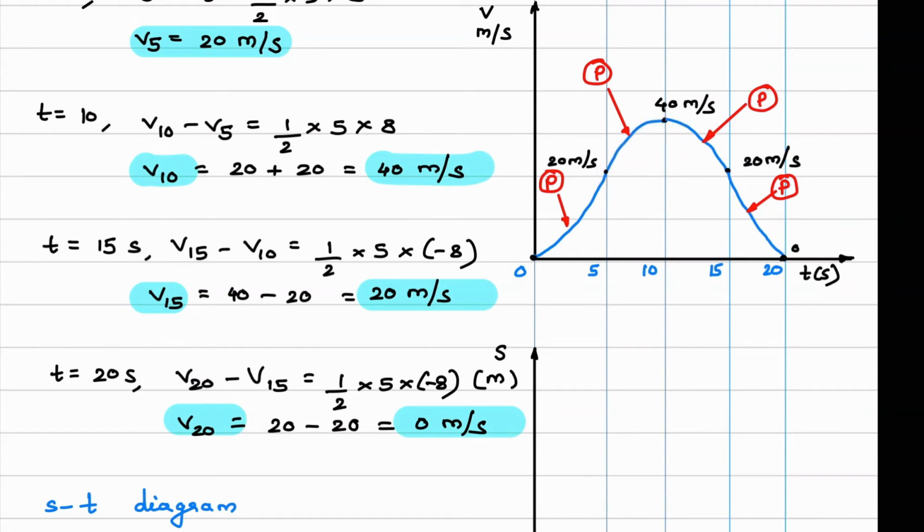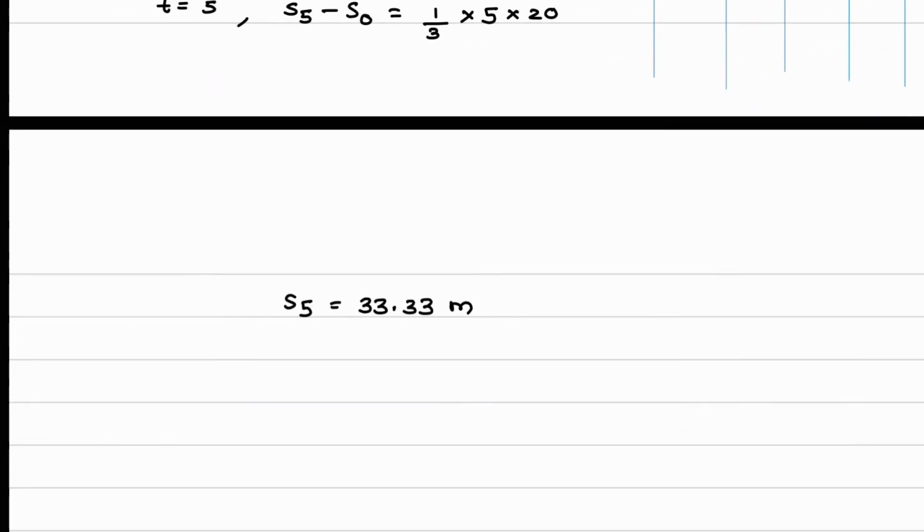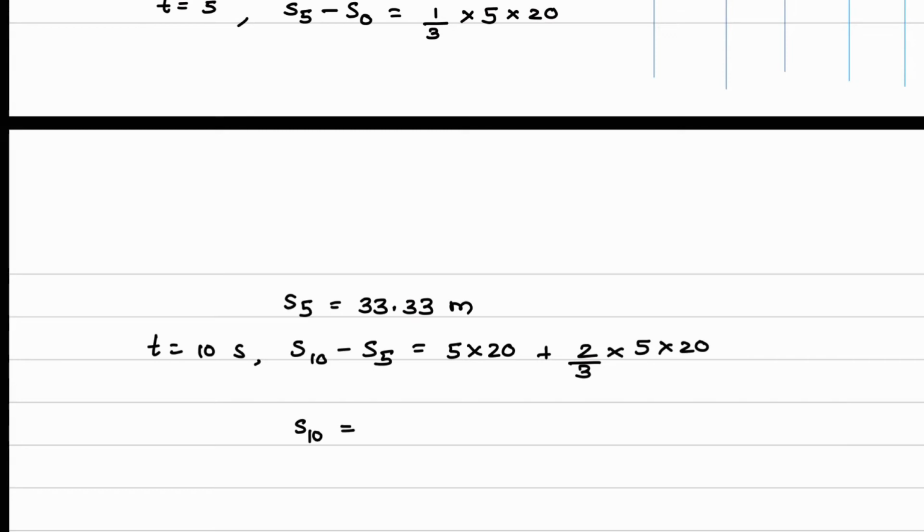So I'll write down t equal to 10 seconds, S10 minus S5 is equal to area of that rectangle, which was 5 into 20, and area under that curve, it was plus 2/3 of 5 into 20. So from here, S10 is equal to this S5, it will go on right hand side.